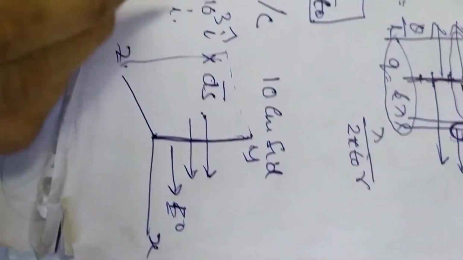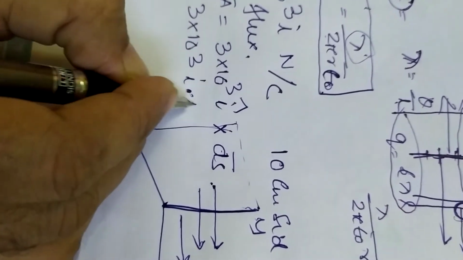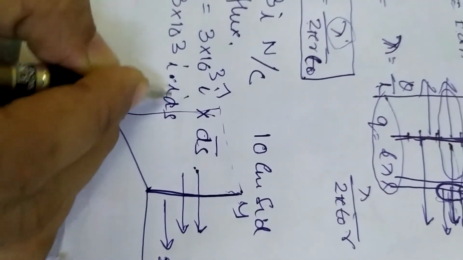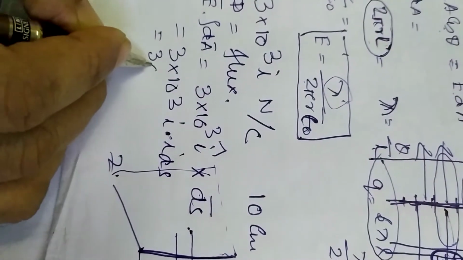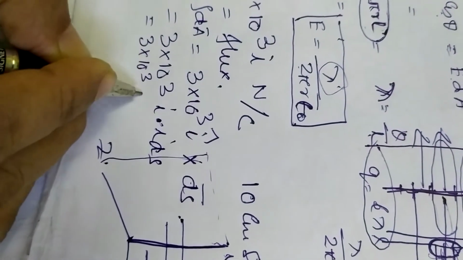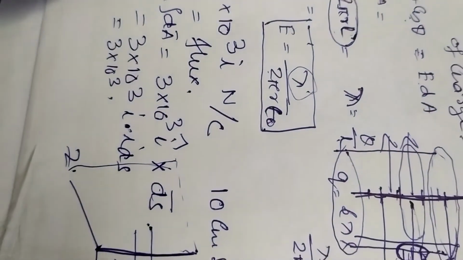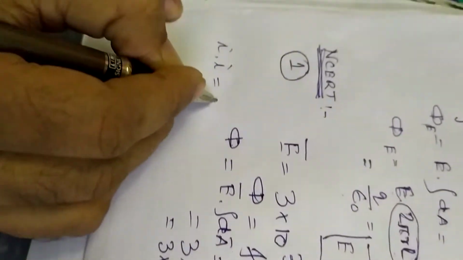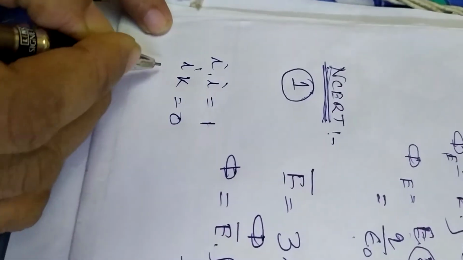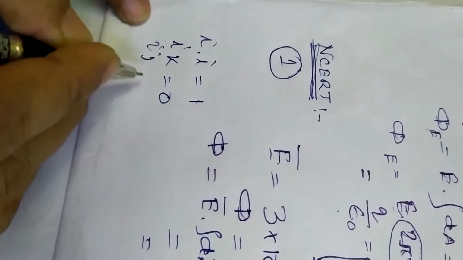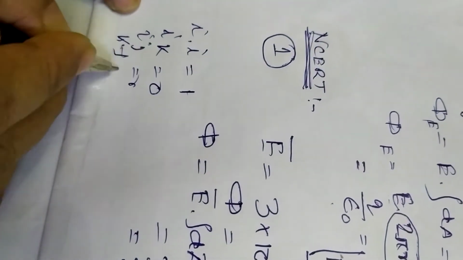So what we can write is, we will be taking the dot product of i and ds. ds is the numerical magnitude here. So 3 into 10 to the power 3 into i dot i equals 1. So i dot i is equal to 1, i dot k is equal to 0, i dot j is equal to 0, and k dot j is equal to 0.